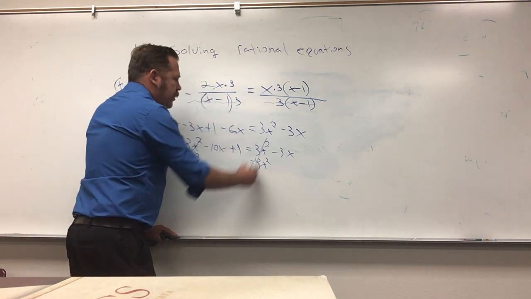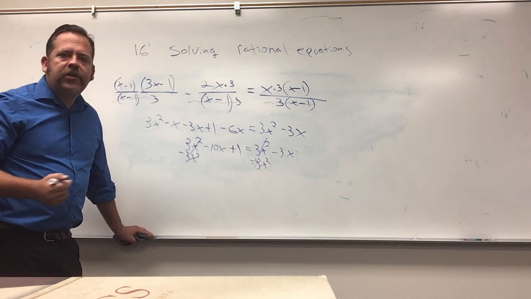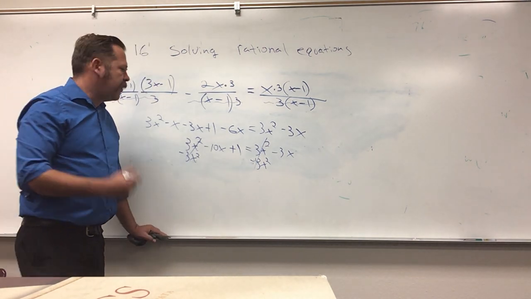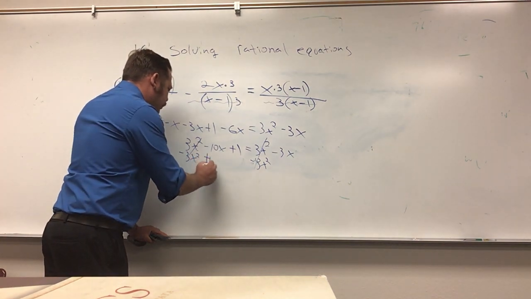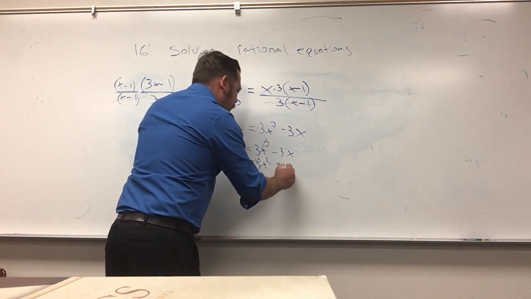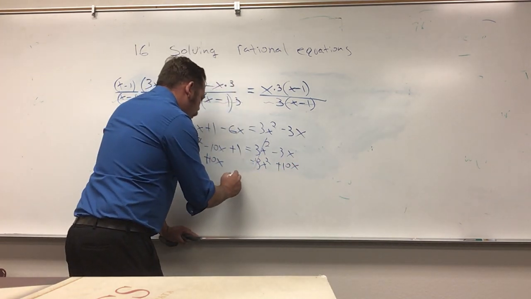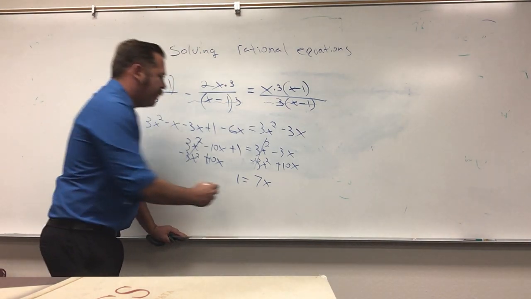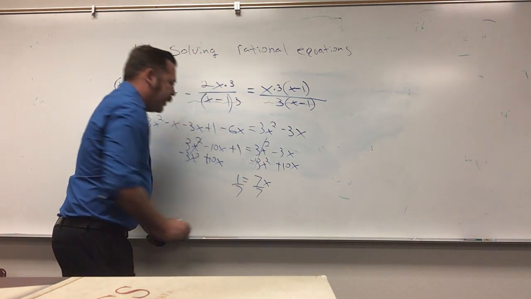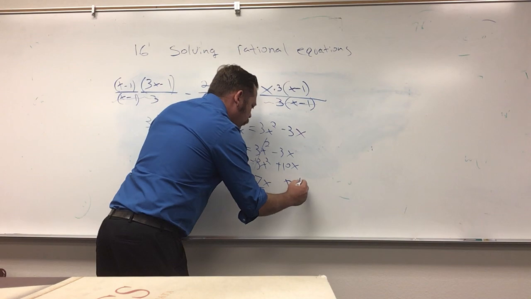That's nice because it makes it an easier equation, because now it's just a linear equation, which is easier to solve. Now let's get all the x's to one side. How about if I add 10x, and I get 1 equals 7x. And then if I divide by 7, I get x equals 1 over 7.